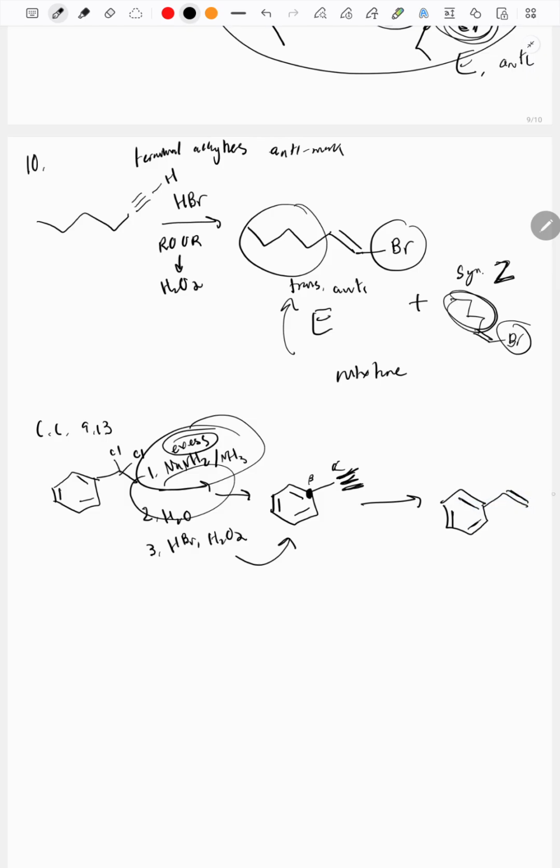But we can get bromide in configuration, so this would be the E, but then we can also get, because remember opposite, we can also get syn or Z.